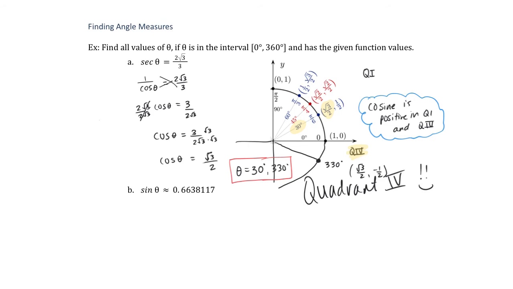Now, sometimes they're not on the unit circle. In example B, sine theta is approximately 0.6638117. That's not on the unit circle, and so I will just use my inverse sine. So I'm going to take the inverse sine of that value.